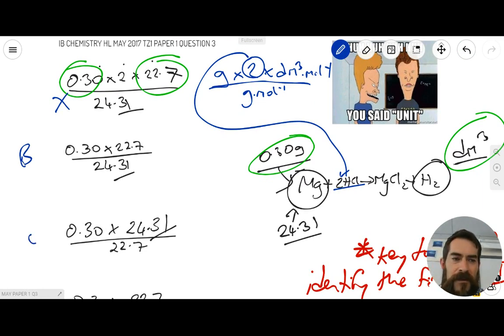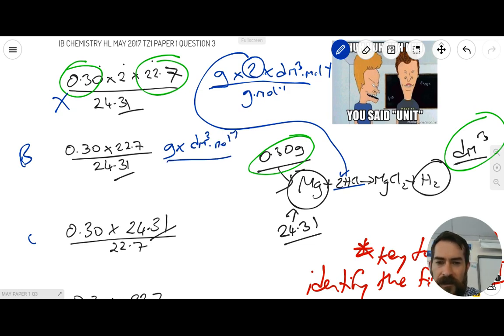So already we're only a few minutes into this question, and we'll finish it off pretty fast now. In option B here, we have 0.30 grams multiplied by molar volume of 22.7 decimeters cubed per mole.